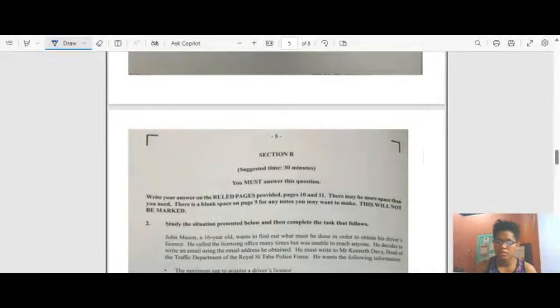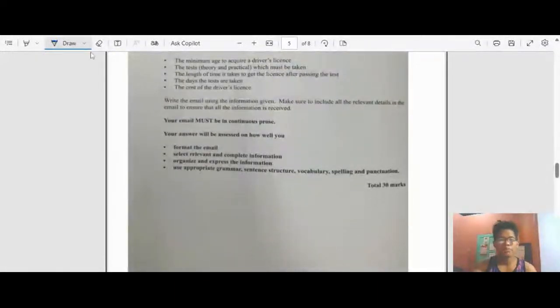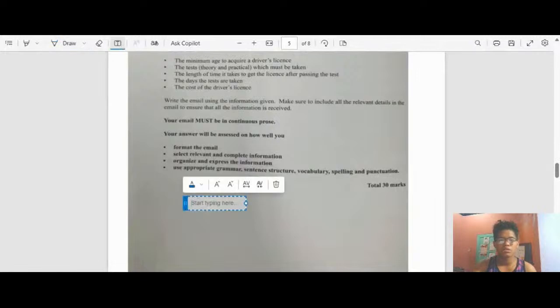So when it comes to writing an email, there is a basic structure. There are four or five basic requirements that I would like to see of an email.